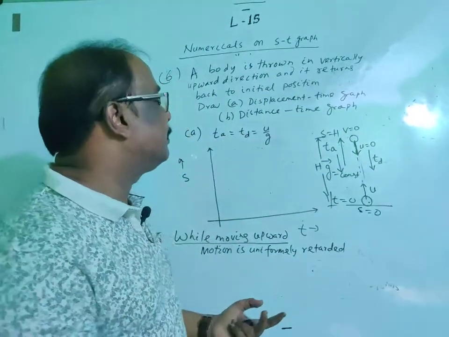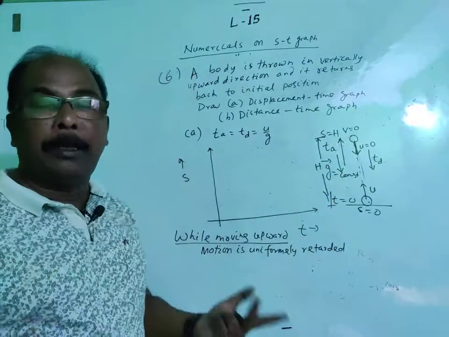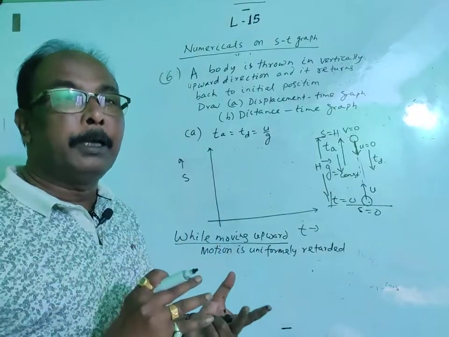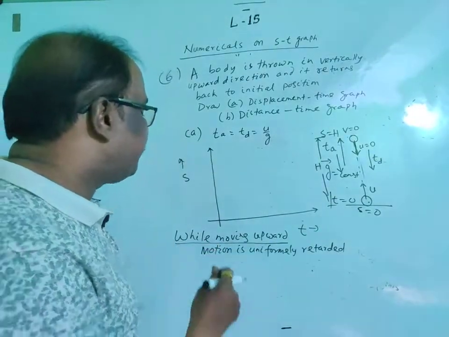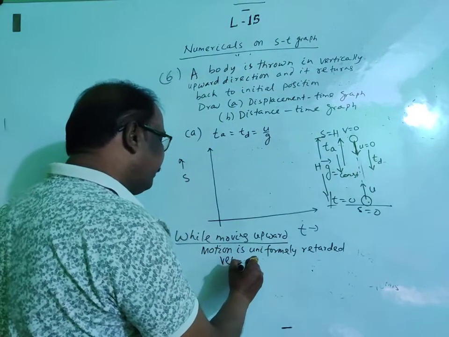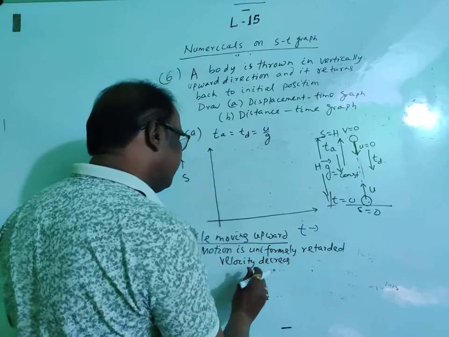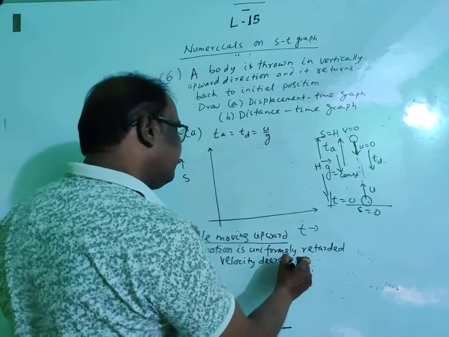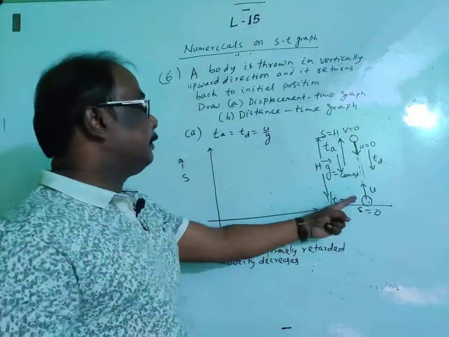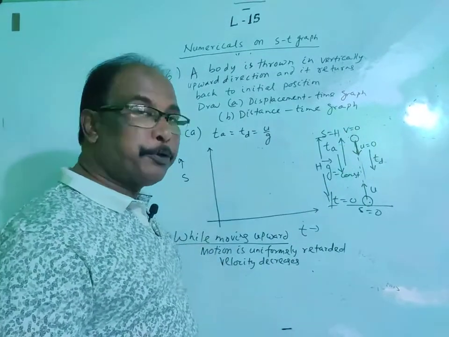So if acceleration is opposite to the direction of velocity, then it is a retarded motion, and since g is constant, it is uniformly retarded motion. If motion is uniformly retarded, then velocity decreases. Okay, but position goes from S0 to S, which is equal to h.